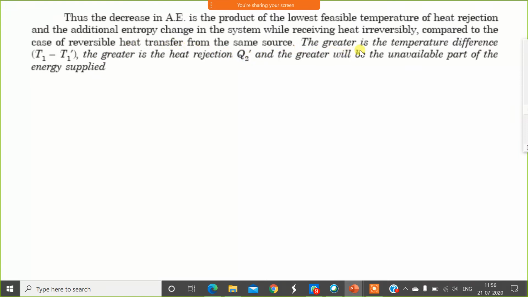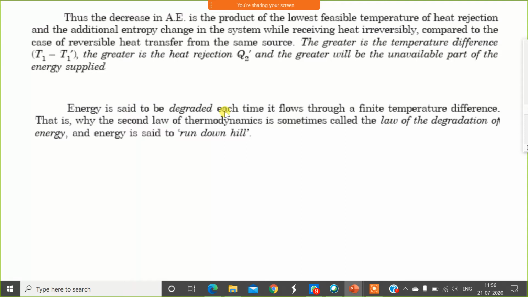The greater the temperature difference, that is T1 minus T1 dash, the more heat is rejected. T1 is the temperature of heat supply for the reversible heat engine, and T1 dash is that for finite temperature difference. If the temperature difference increases, Q2 dash also increases, and the unavailable part of energy will be greater. That is, heat rejection will be more if T1 minus T1 dash is more.